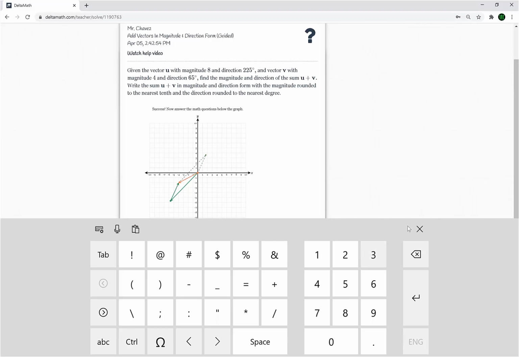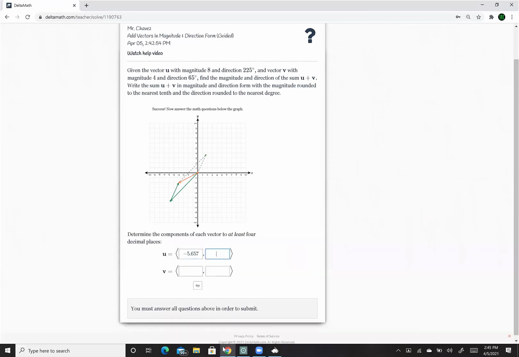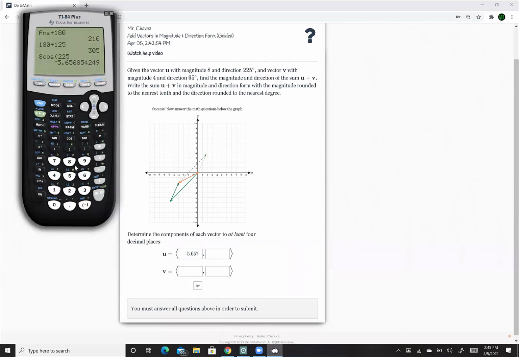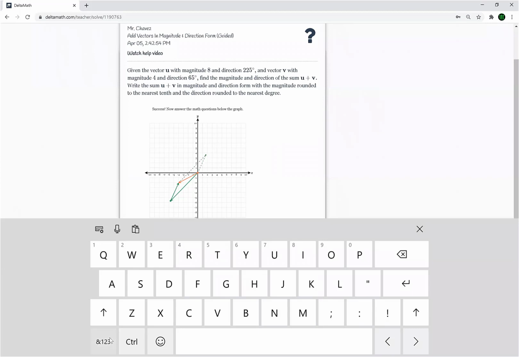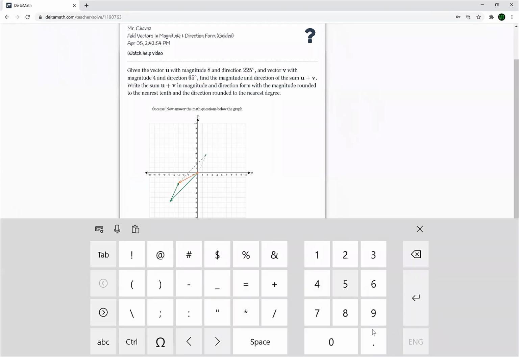And then to get the y value, I'm going to do 8 sine 225. Enter. And there it is, negative 5.657. Oh, yeah, 225 degrees, guys. Square root of 2 over 2, square root of 2 over 2, dummy me. Negative 5.657.